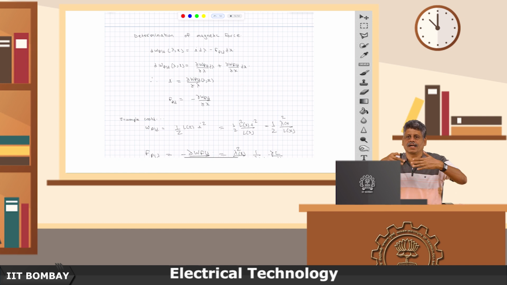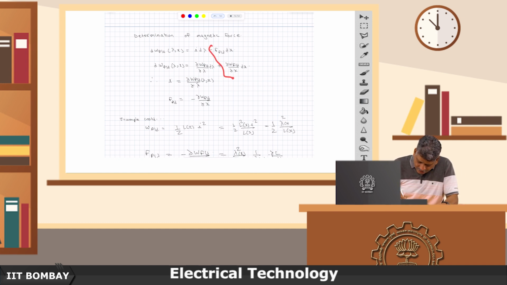This is while doing the analytical computation, and then FLD turns out to be minus of partial derivative of the magnetic field energy with respect to x, which means here the lambda will be held constant, not I, lambda will be held constant. That is what is important.